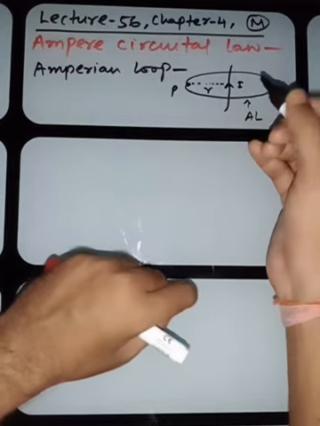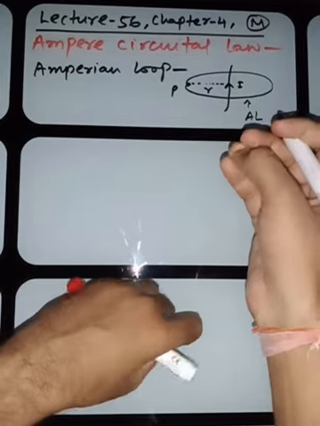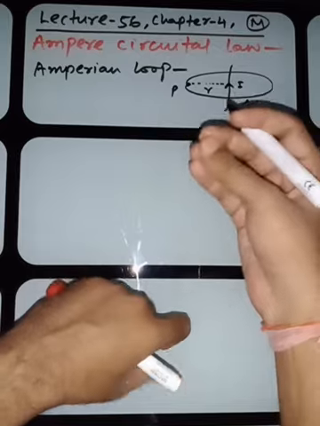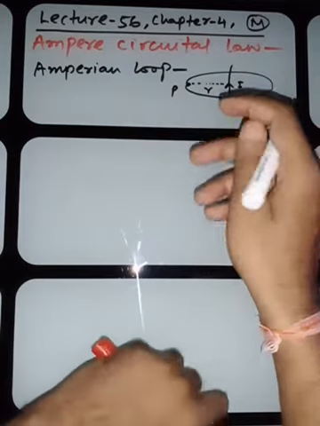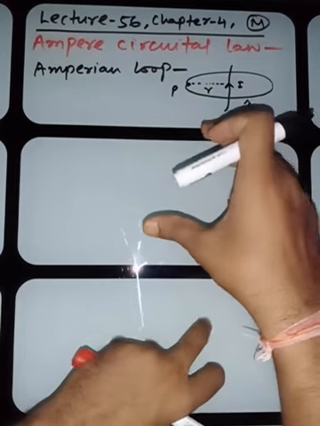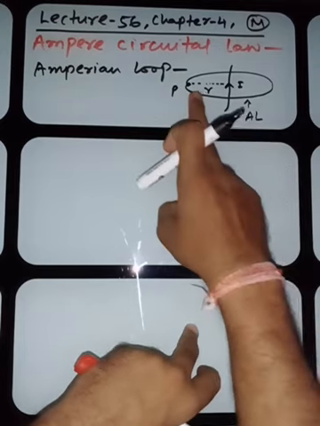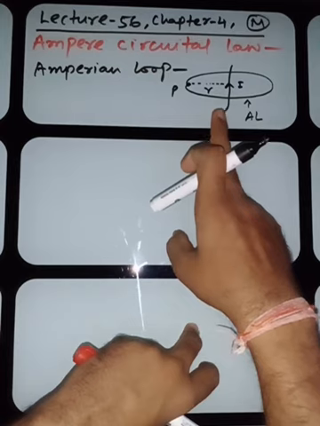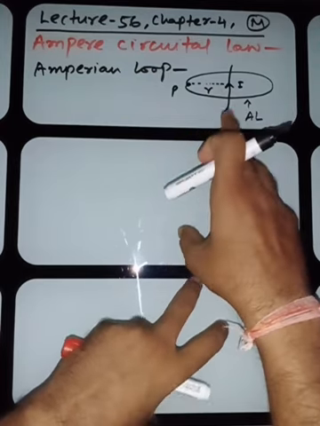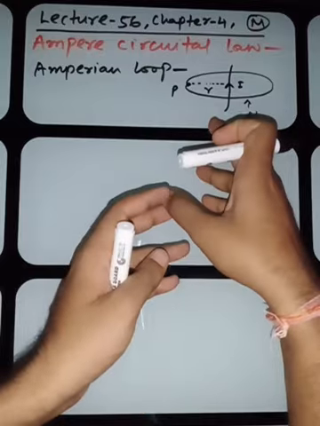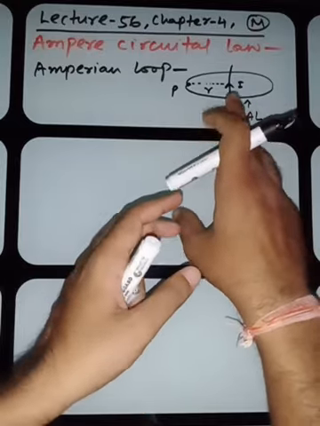There are some important points about the Amperian loop, which you should write in your notebook one by one. The first: it encloses the conductor in 2D shape. Remember, this is not three-dimensional. It encloses the current conductor or current element in a two-dimensional shape.